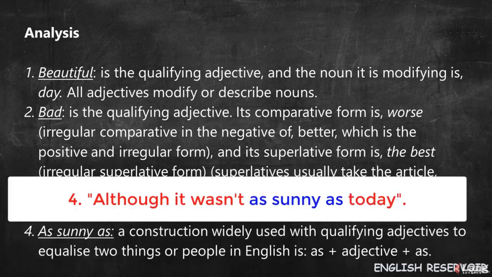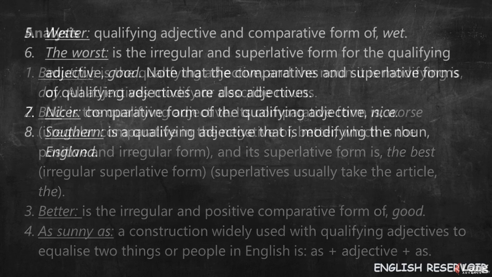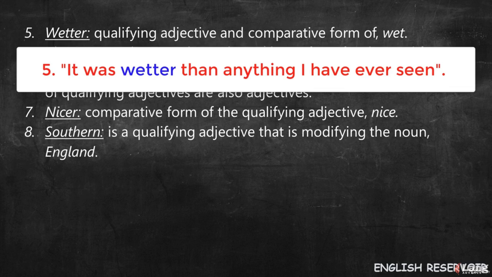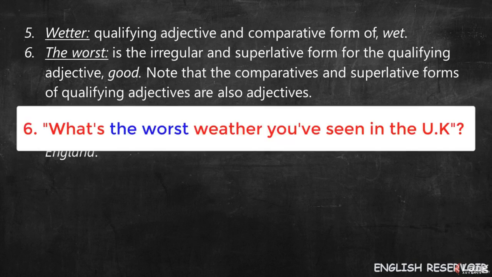4. As sunny as. A construction widely used with qualifying adjectives to equalize two things or people in English is as plus adjective plus as. 5. Wetter. Qualifying adjective and comparative form of wet. 6.